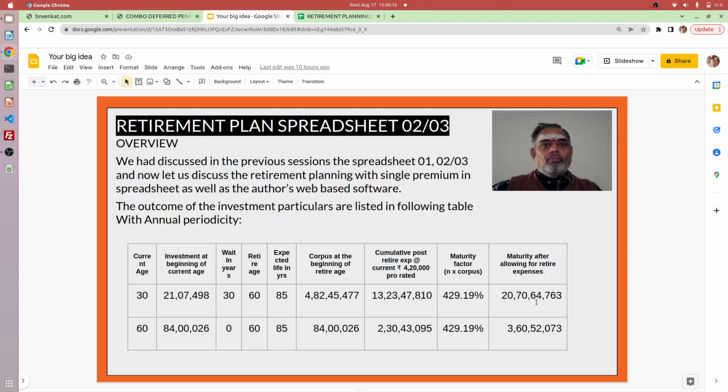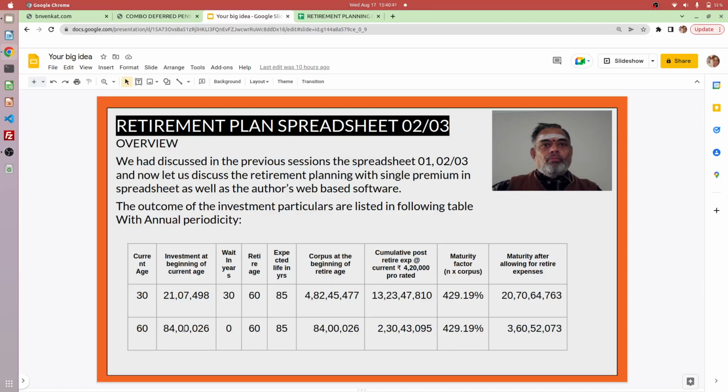We leave a fortune of 20 crore to the nominee after 55 years, because of the 30 years waiting period and 25 years retirement period. For retirement expenses, we have taken out 13 crore 23 lakhs from the return.